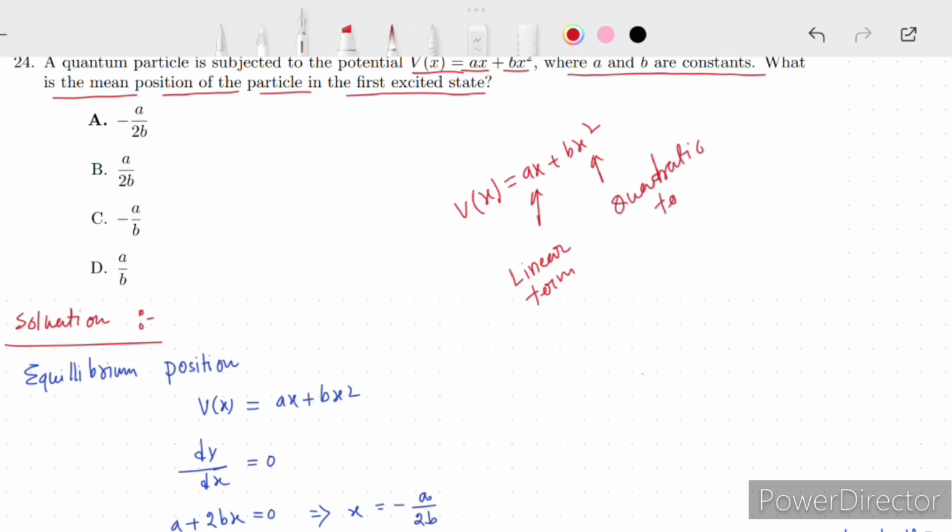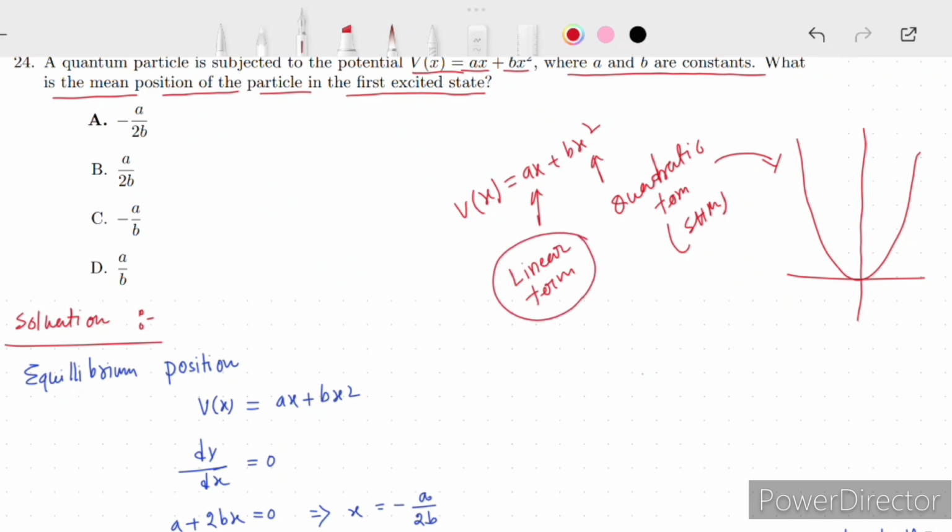This means the potential is that of an SHM. We know that for SHM the potential structure looks like this. But due to this linear term, the equilibrium position must be shifted to a particular point.